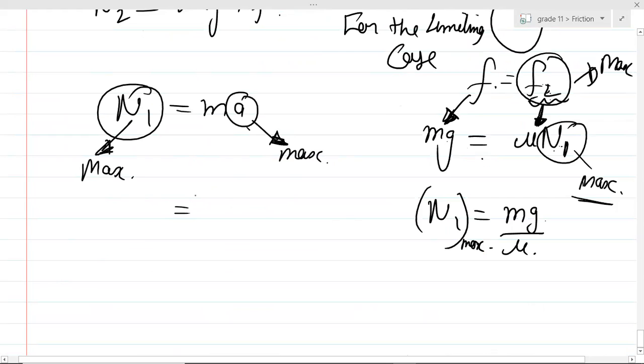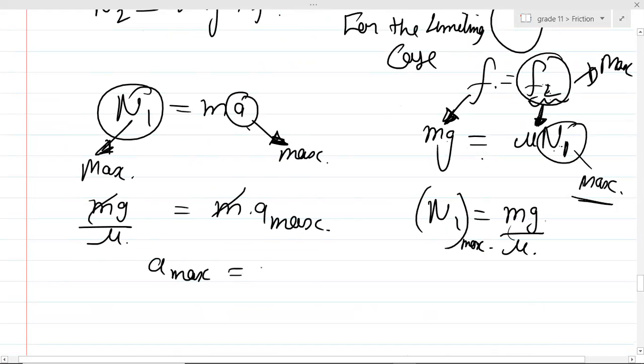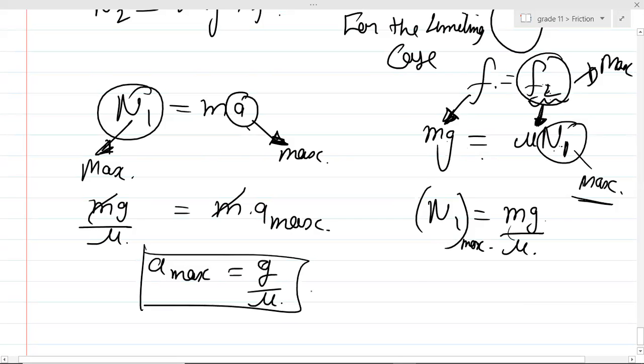So mg by mu should be equal to m into a max, and a max will be equal to g by mu. Is this clear, guys? This is the maximum acceleration with which this will move.